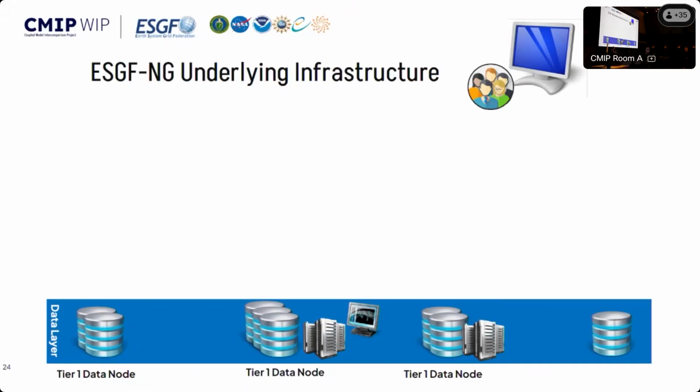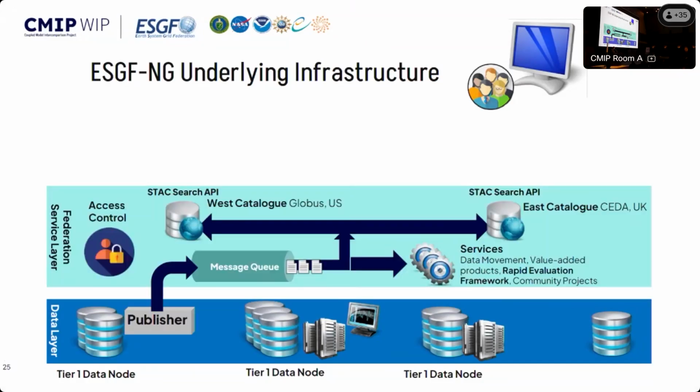So that in itself is useful, but without the search capability, we don't actually have a federation. We don't have a way of gluing all these different sites together and providing one service. That's what this second layer provides. Again, it looks rather complicated, but I'll talk you through it. If we think of, on the bottom left, we've got a data node. They are ready to publish some data into the Federation.